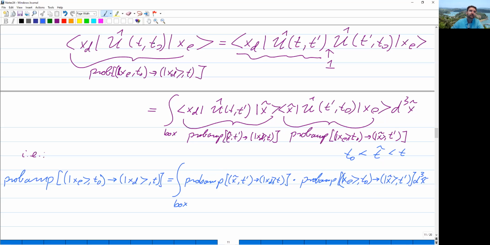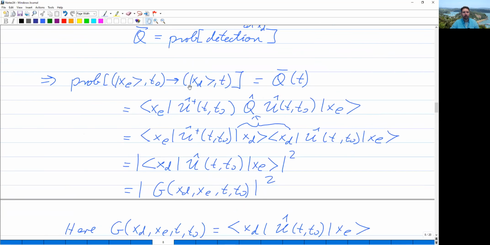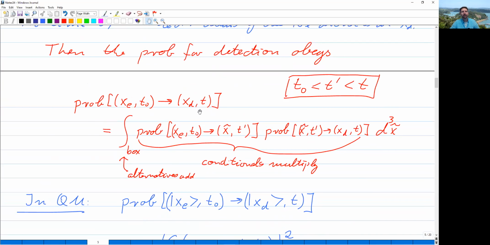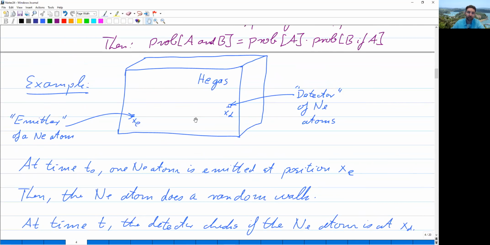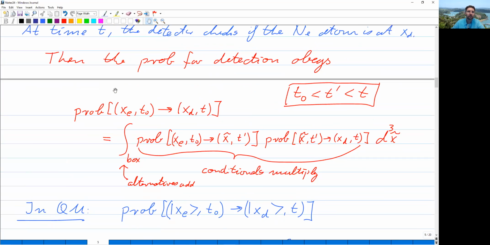This equation needs to be compared with the equation that we had for the case where the box was filled with helium. What did we have there? Here, this is what we had. When the box was filled with helium gas, the probability for the neon atom to make it from the emission location to the detector location at the right time was also an integral over the box.